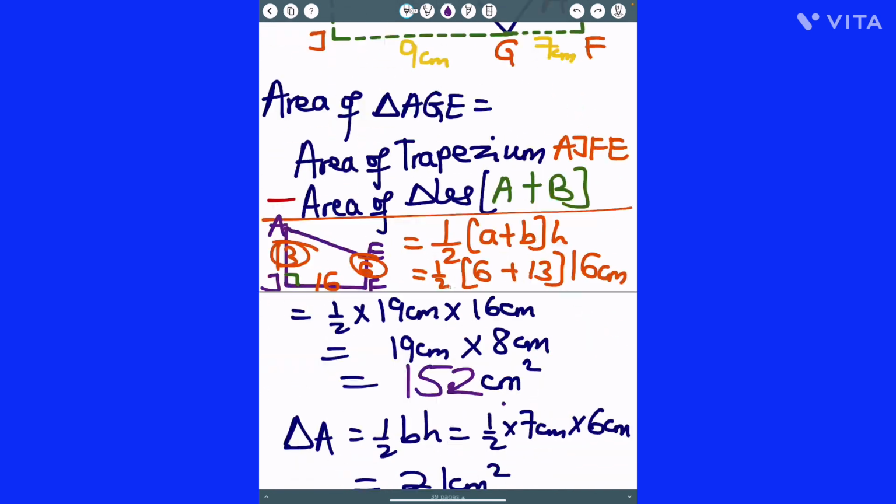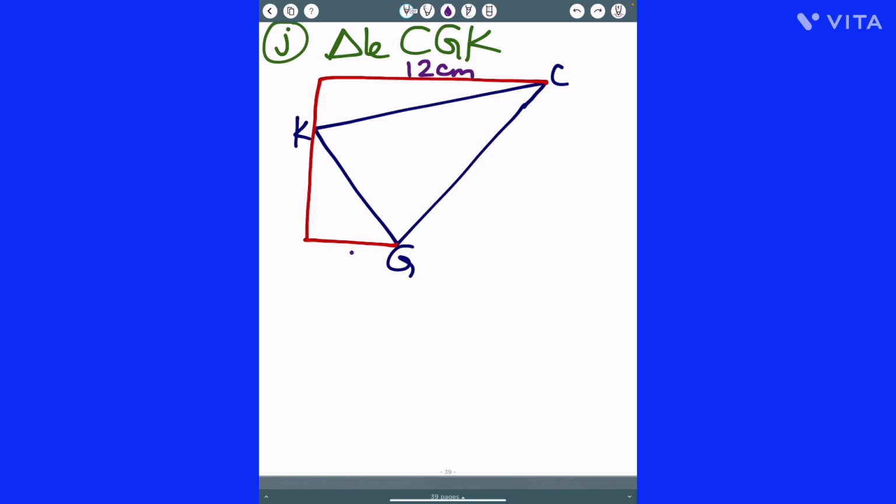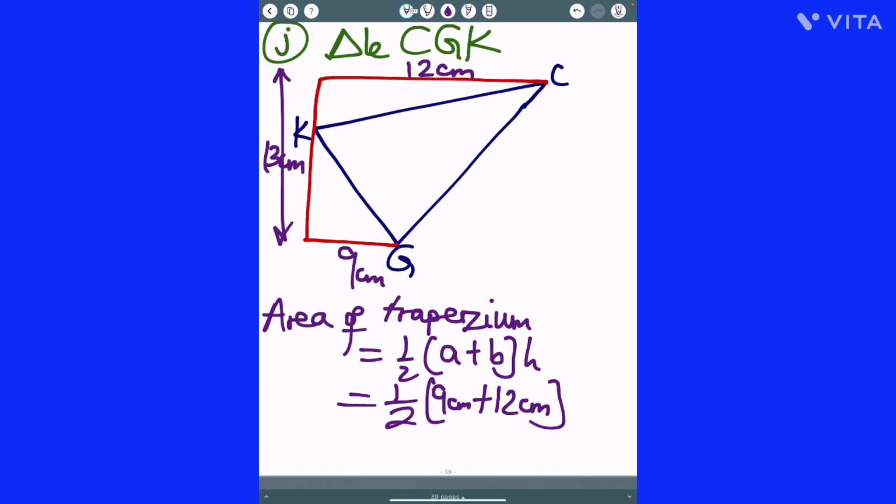So let's quickly trace it together. 12, 9 for this side, then this vertical height is what? 13 centimeters. So area of trapezium. Area of trapezium is equal to half open bracket A plus B times H. Now here, that will give us half open bracket 9 centimeters plus 12 centimeters times what?